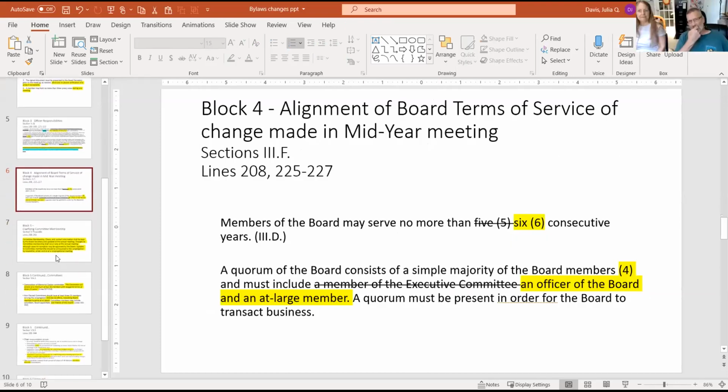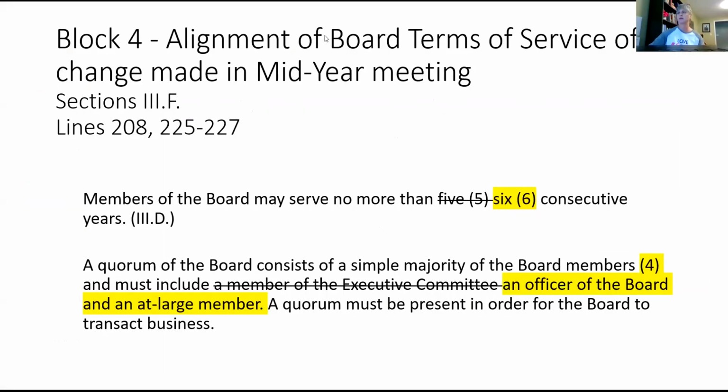Okay. Block 4 has to do with the wording that will make our bylaws in alignment with the changes made in January at our mid-year meeting. We had changed the size of the board, and these changes are to align with that.